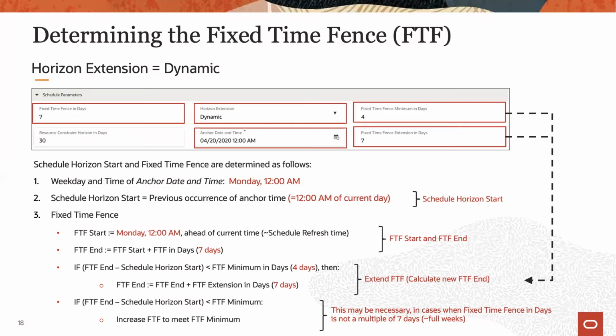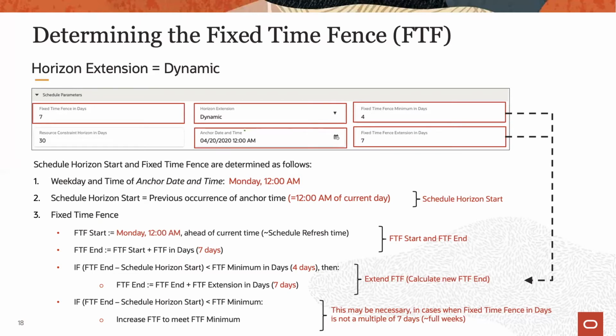Note we consider the weekday, not the actual date. In the example, April the 20th, 2020 is a Monday and the time is 12 a.m. We set the schedule horizon start as the previous occurrence of that anchor time ahead of the current schedule refresh time. So again, here it is 12 a.m. of the current day.